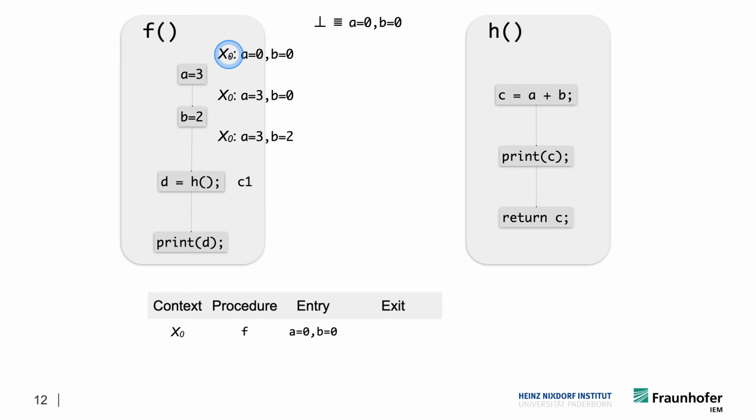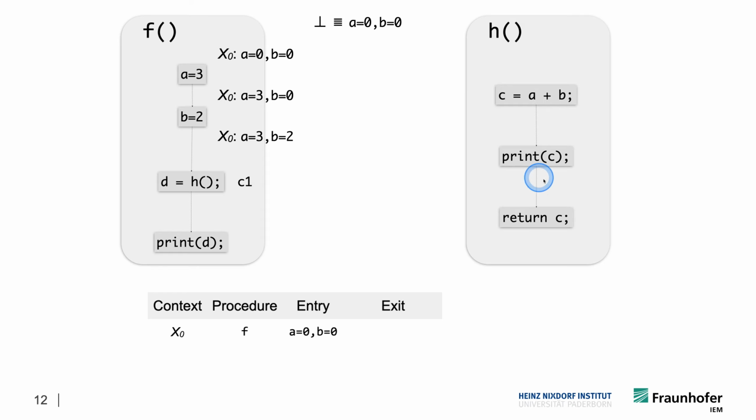Now this is regular intra-procedural flow function computation. We now know that A is 3 and B is 0. Now we learn that B has actually been updated to 2. This is the analysis information that we have when we get to this procedure call. Now we process that call. We move into procedure H, which also brings us into a new context.